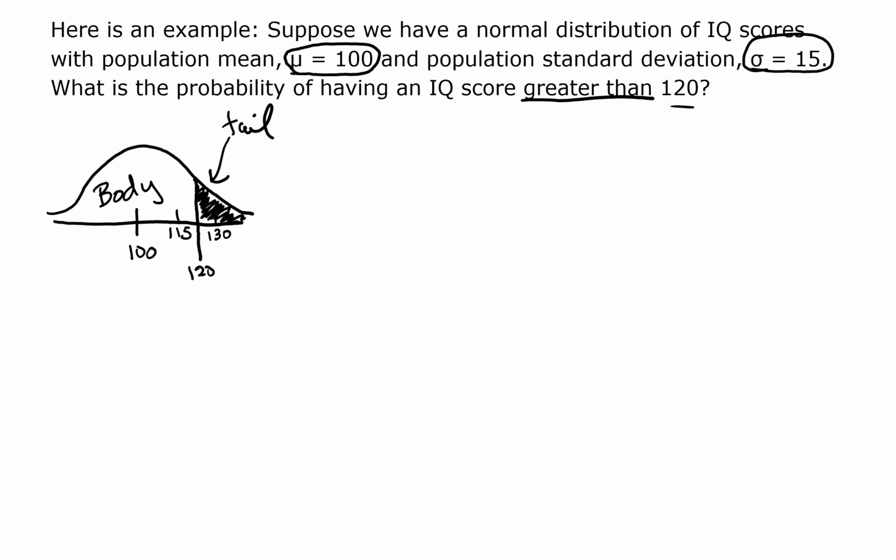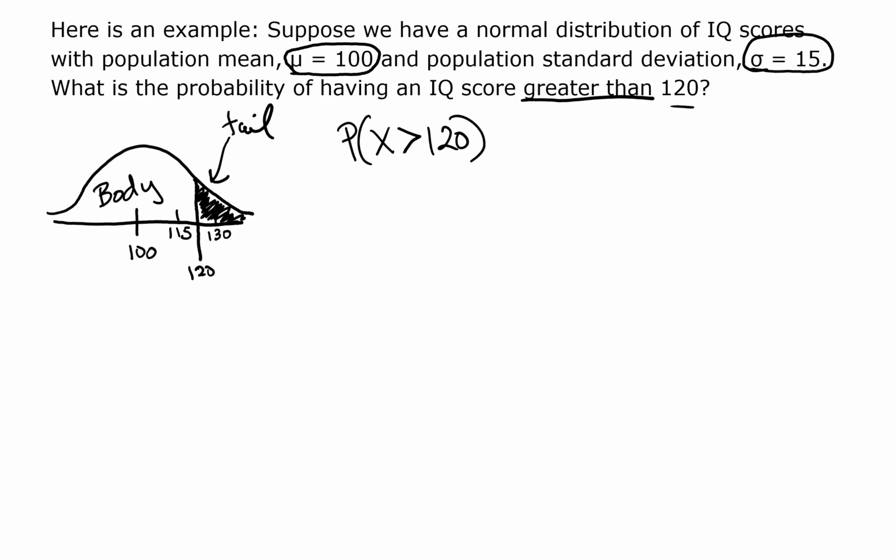So step 4, now that we have a visual, we need to transform that X score of 120 into a Z score. Remember, we're looking for the probability that X is greater than 120.